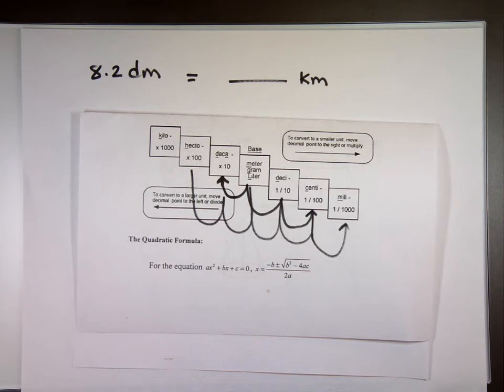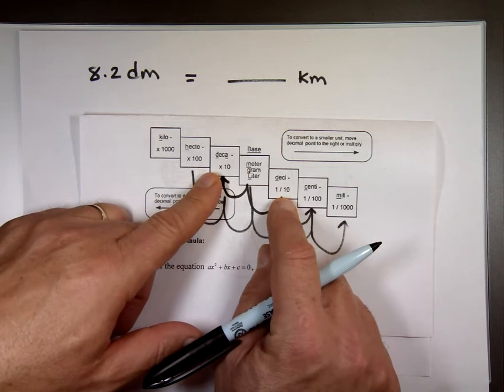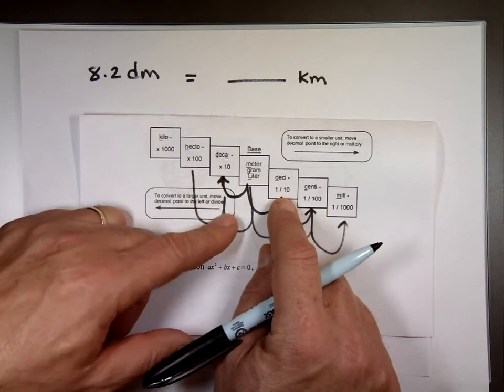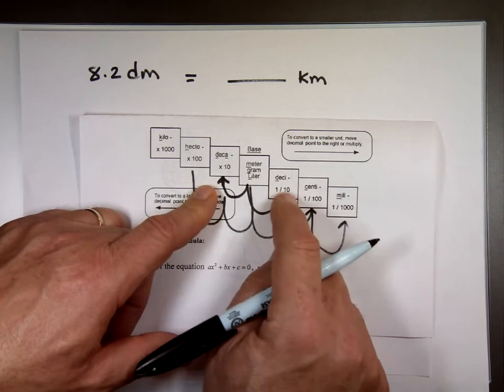Where's the dm? There's 2 that begin with the letter D. So is it this one or is it that one? Left or right? Right. This is dA. That's dm. This is dam. That's dm. So you're in dm.